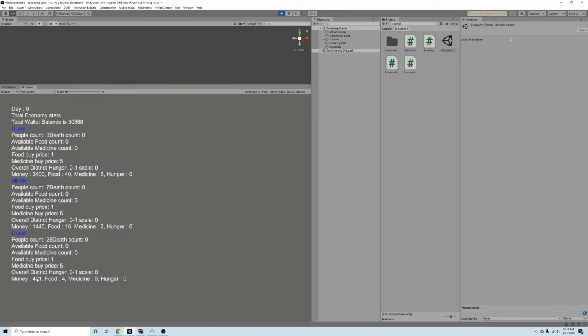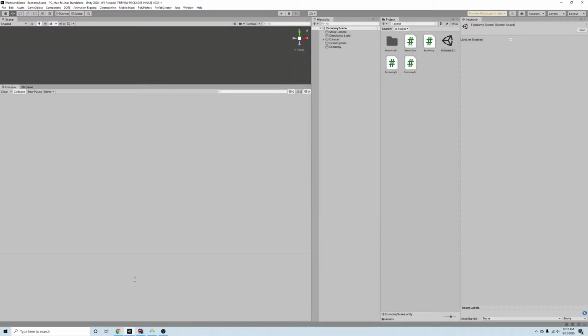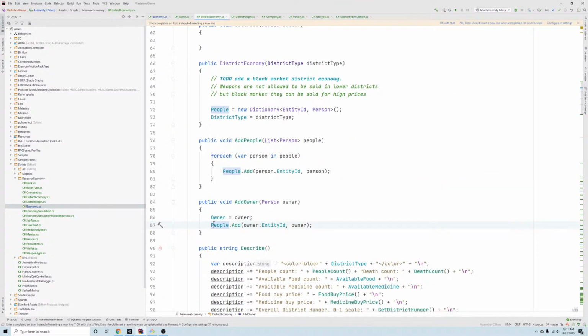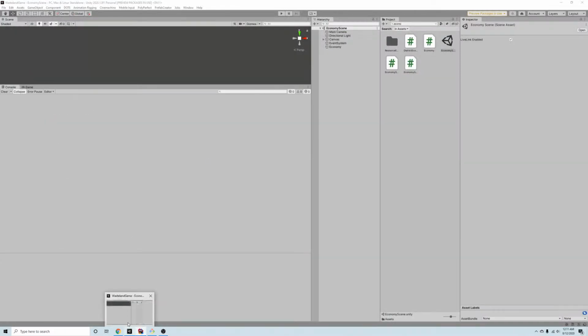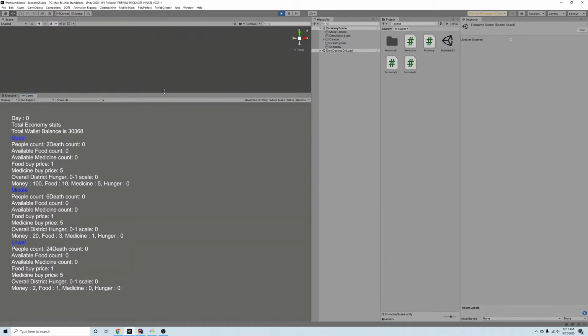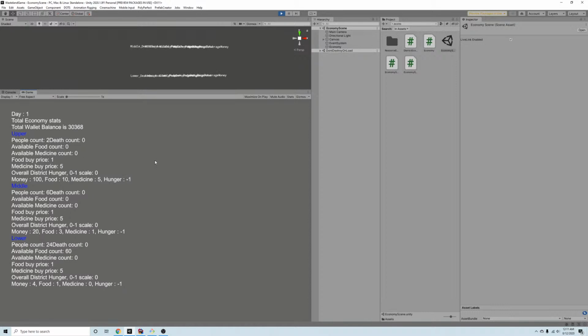$401 doesn't seem like the start. Ah, it's the average. This actually makes sense. I need to filter out the owner from those equations. So actually, I might turn this off for now. Okay, now it's working as expected.